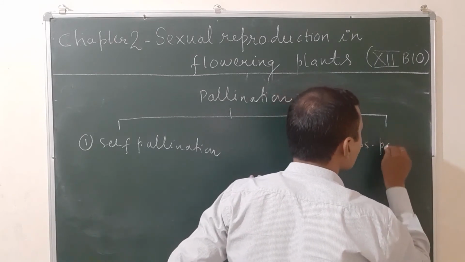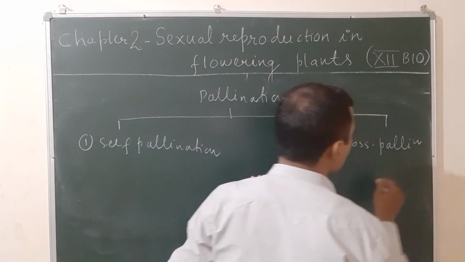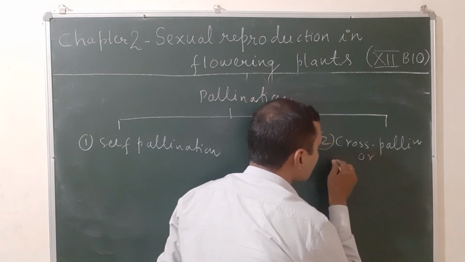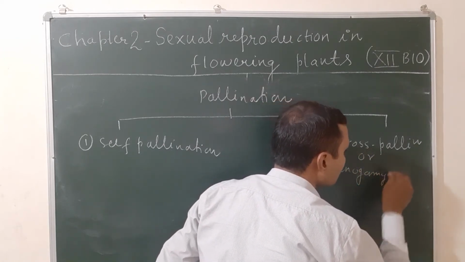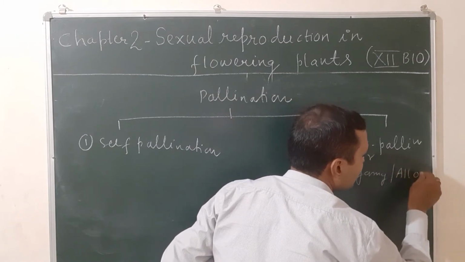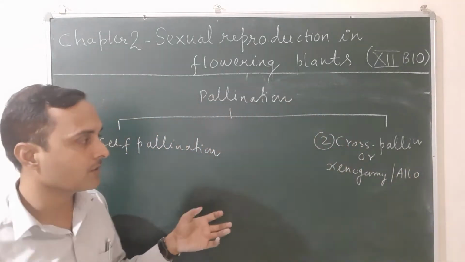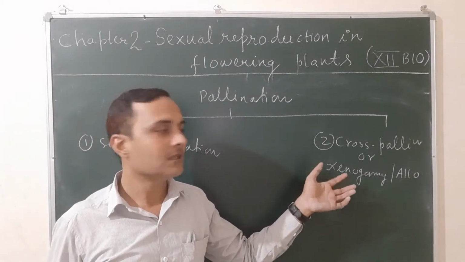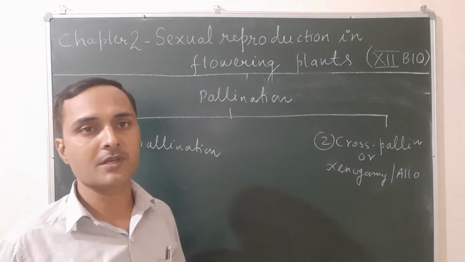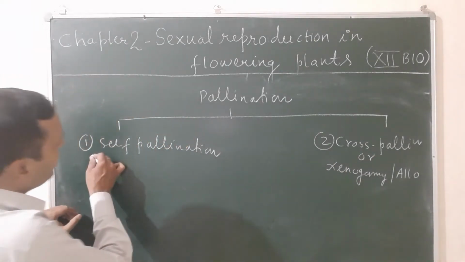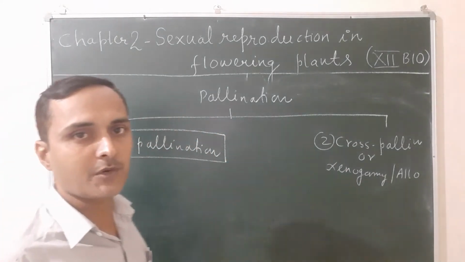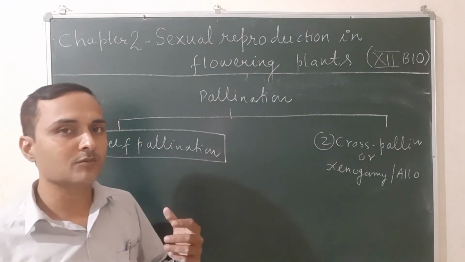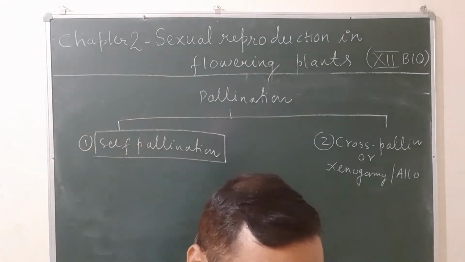There are some more names of cross pollination: it is also known as xenogamy and allogamy. Once again, what is self pollination? Definition: the process of transfer of pollen grains from anther to the stigma of the same flower is called self pollination.